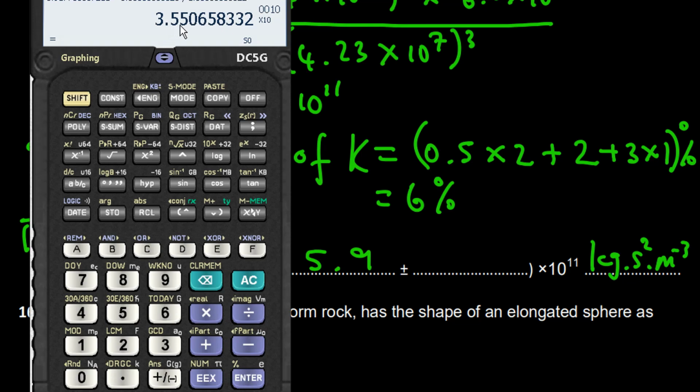And we get 3.55 times 10 to the 10. Now, we need to get it to 10 to the 11, so it's actually 0.355 times 10 to the 11.